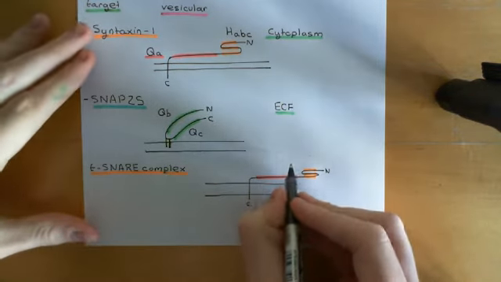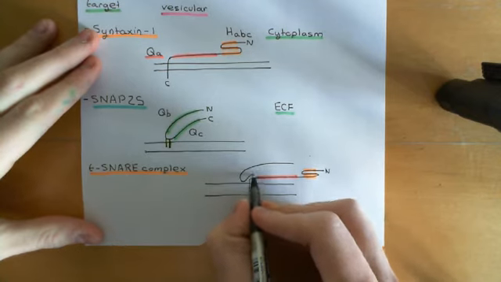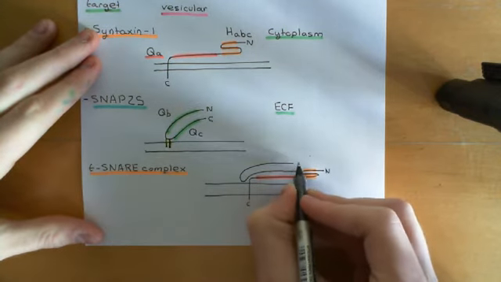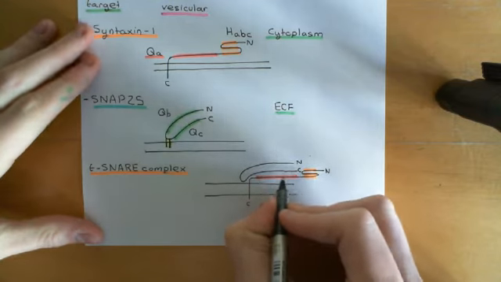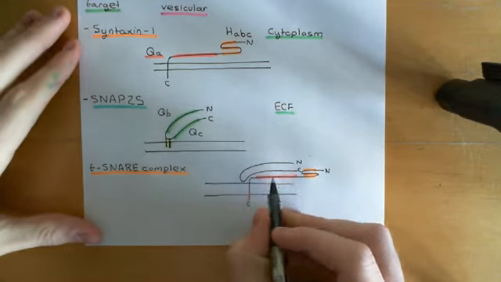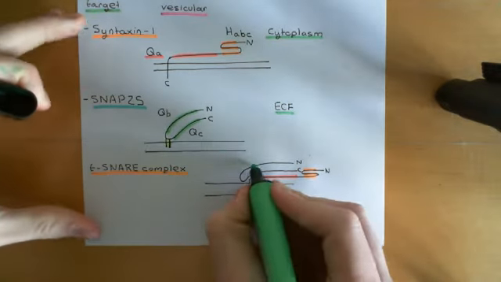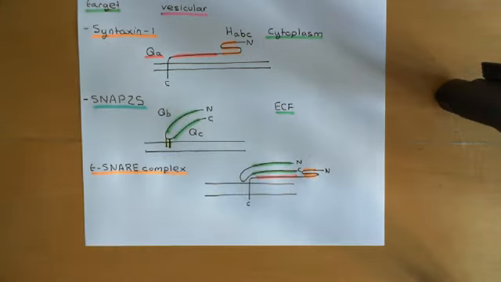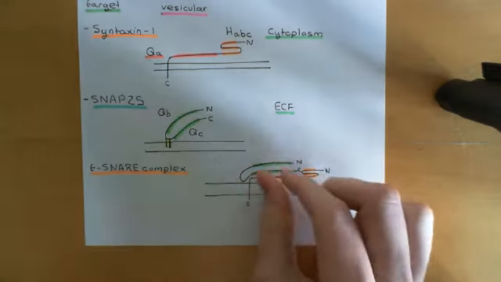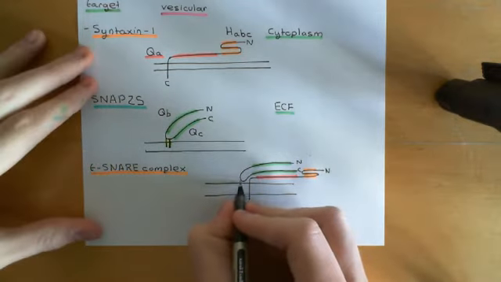And then what we'll have is the SNAP25 protein. Its snare motifs will now be intertwined with the snare motif of syntaxin 1 here, so they'll be coiled around one another basically. Okay, now I haven't attempted to show them actually coiled around one another because it makes the picture look messy, but imagine these all twisted around one another into a bundle basically, and that's what you've got there.